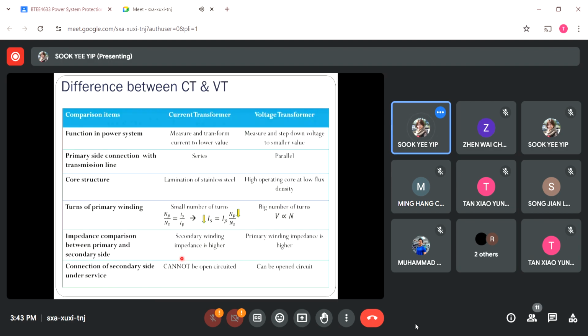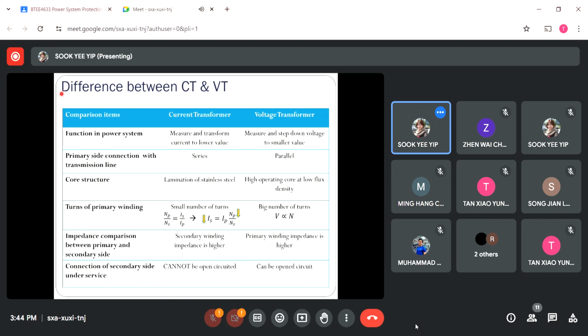Okay, so now we have learned about the current transformer and voltage transformer, right? So let's check out this table to see what the differences are. In terms of functionalities in the power system, this is quite obvious from the names.